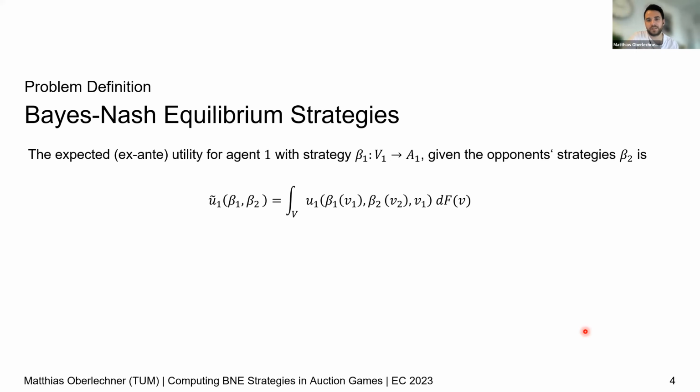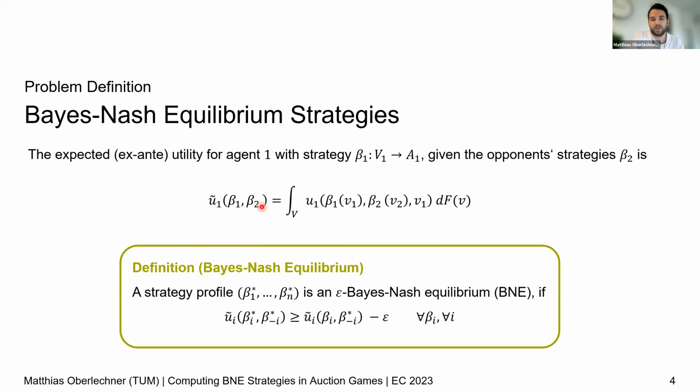And if we have these strategies of all agents, we can compute the expected utility for all agents. And naturally, as these agents are rational and want to maximize their utility, but as their utilities also depend on the opponent strategy, the solution concept that we are looking for is the Bayes Nash equilibrium, which is basically a strategy profile where no agent has the incentive to deviate unilaterally in order to improve the expected utility.